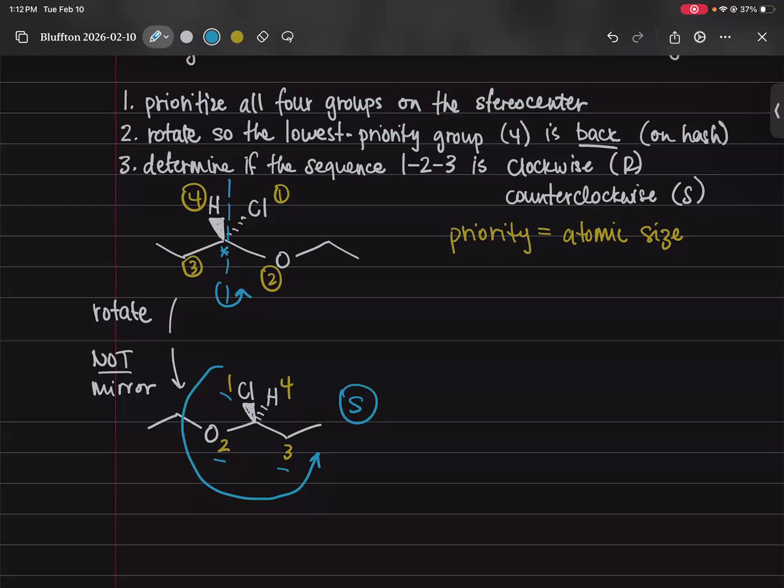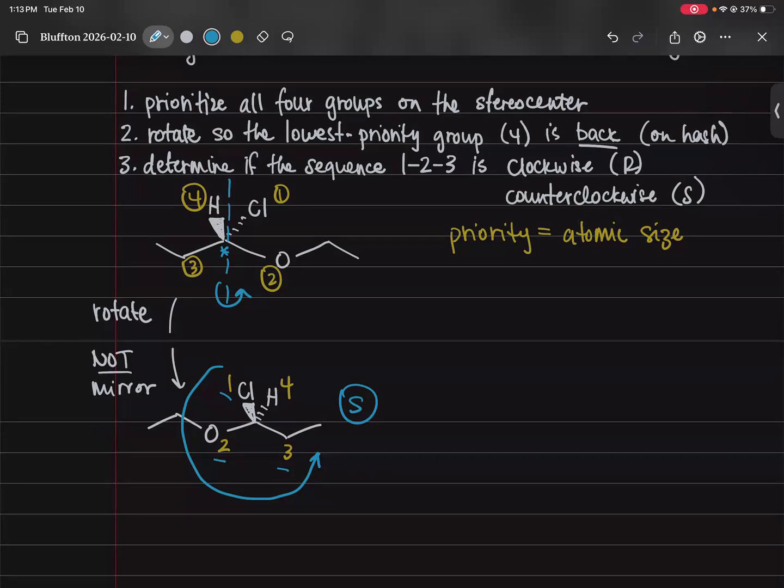It's clockwise, isn't it? 1, 2, 3. That's always going to be the case. Rotating the molecule from where the lowest priority group is toward you to behind you is always going to flip the direction from clockwise to counterclockwise or counterclockwise to clockwise.